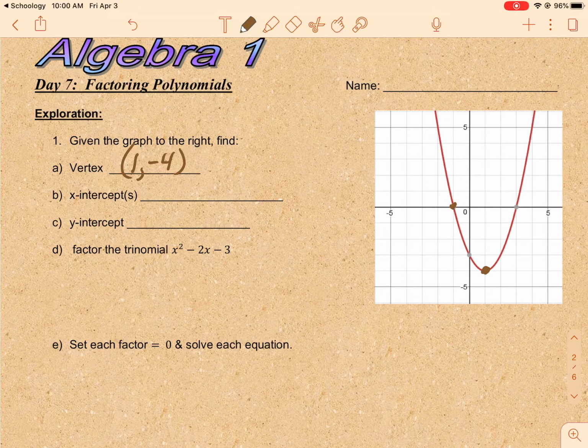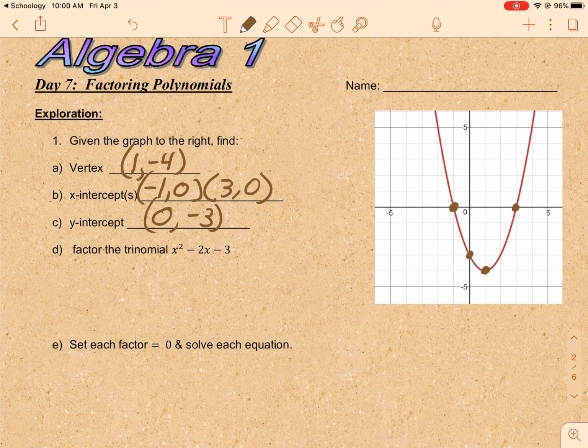So right here it's at (-1, 0), and over here at (3, 0). And then our y-intercept is where the graph hits the y-axis, which is right here at (0, -3).